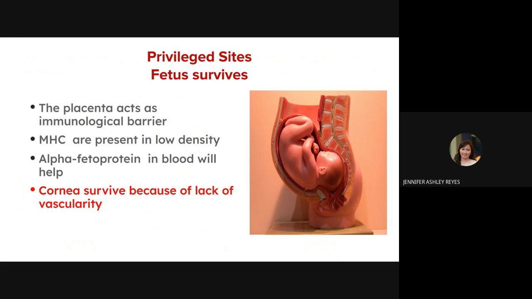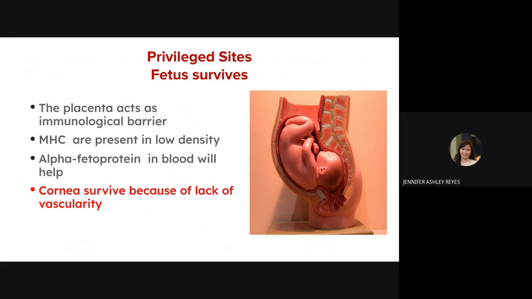So the fetus is a foreign body, but the placenta somehow acts as an immunologic barrier, although not 100%, especially if there are already IgG molecules present that can attack the cells of the fetus. So MHC are present in low density, and the alpha fetoprotein in the blood will help.